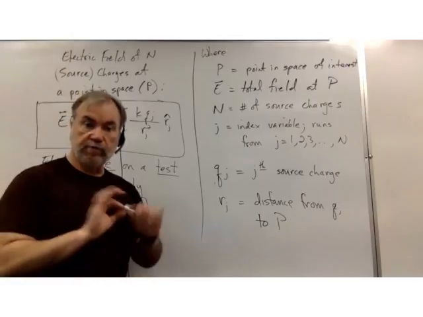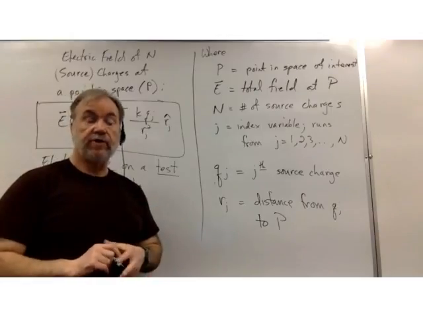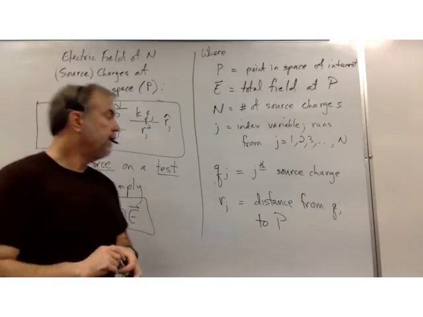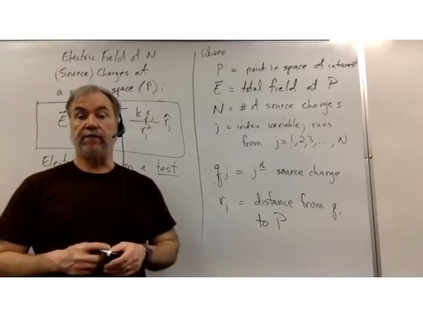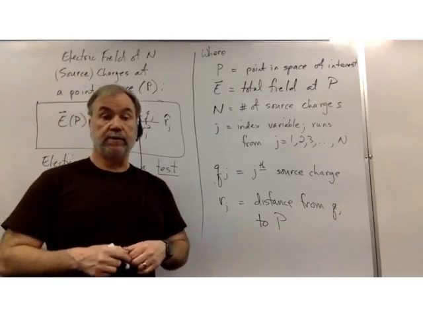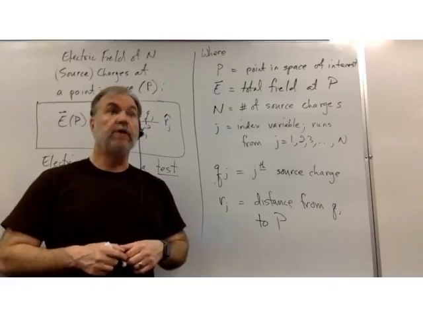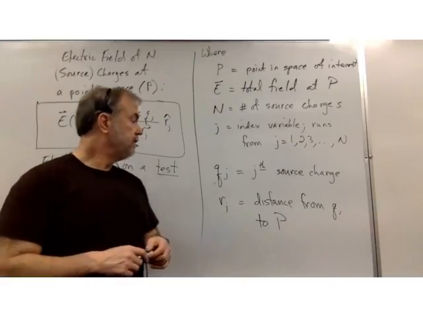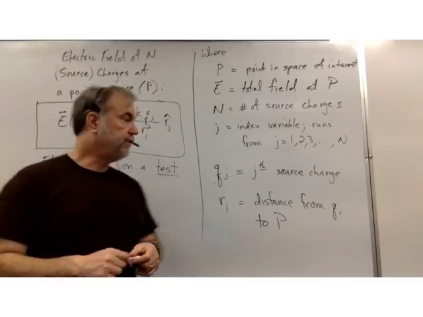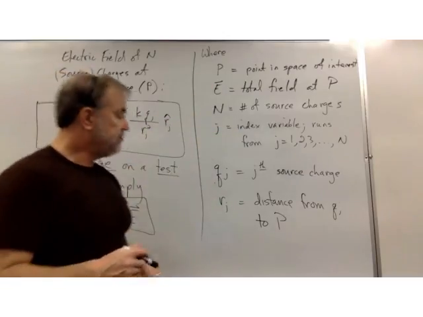Each one of them had its own distance from the test charge. We were calculating force back in that recording. And so there were 7 different distances to the test charge, because there were 7 different source charges. Okay, so that's kind of a nice laundry list to remember.